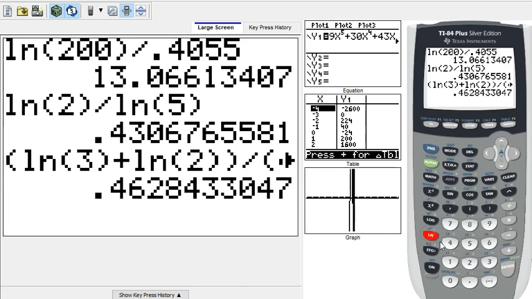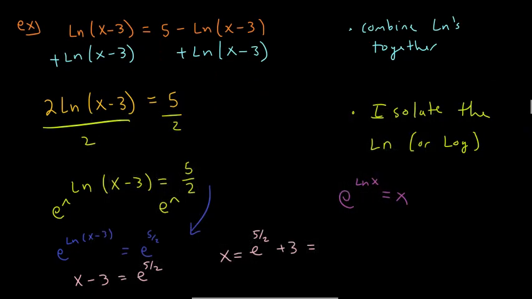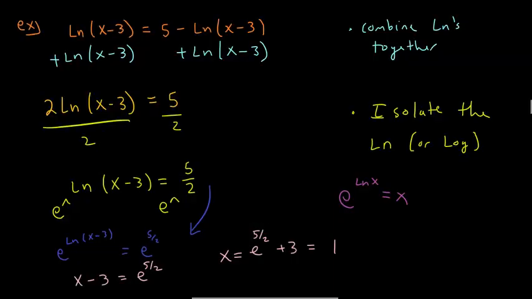Second natural log gives me e to the 5 divided by 2. Nice. I have an arrow over, and what was it, plus 3? Yeah, let's just confirm. Yes, plus 3. So that is going to give me an answer of 15.2. I'm going to round to 15.2. Bang.